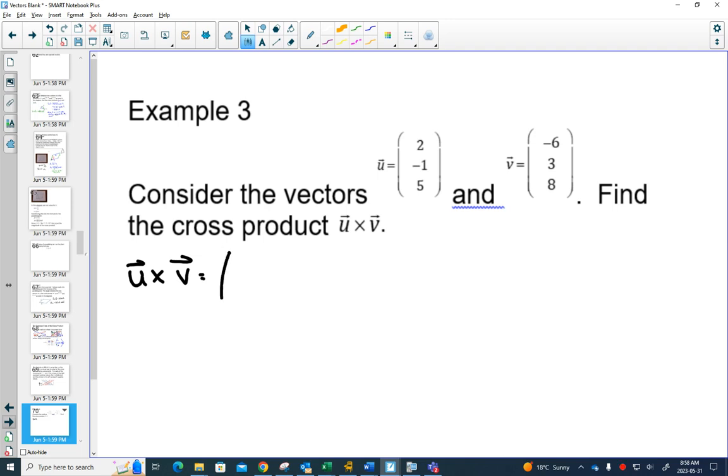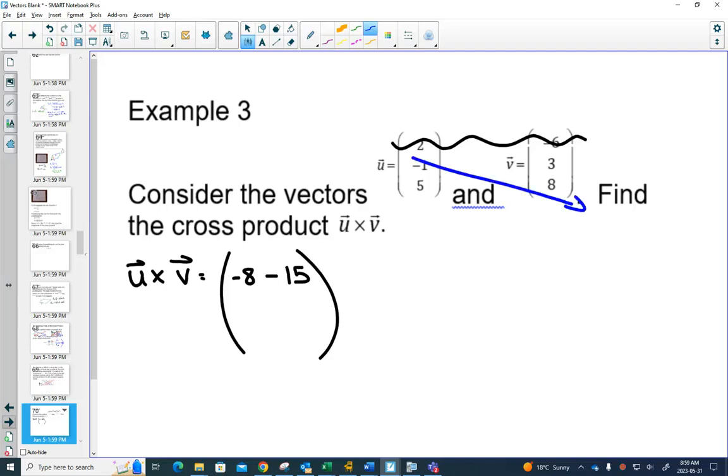In the first technique, you would ignore the first row and then do the determinant of what is left. So I would get negative 8 minus 15. This would give me my negative 8. This would give me 15, but then I'd have to subtract.